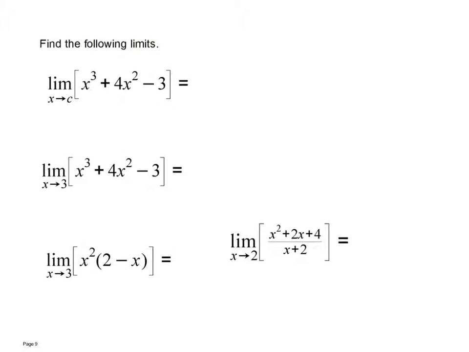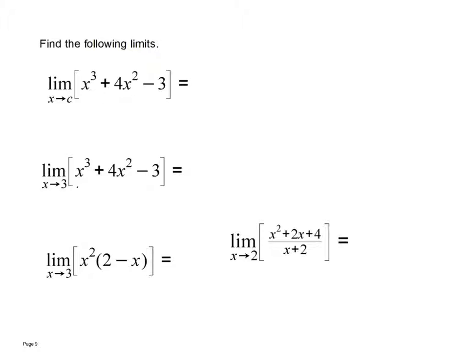So the following limits. We're going to skip the first one and do the second one because it's a little more intuitive. If I'm finding the limit of x to the third plus 4x squared minus 3 as x goes to 3, well, if you're graphing that, there's an actual point at x equals 3. So how do I find the value? Well, I put the 3 in.